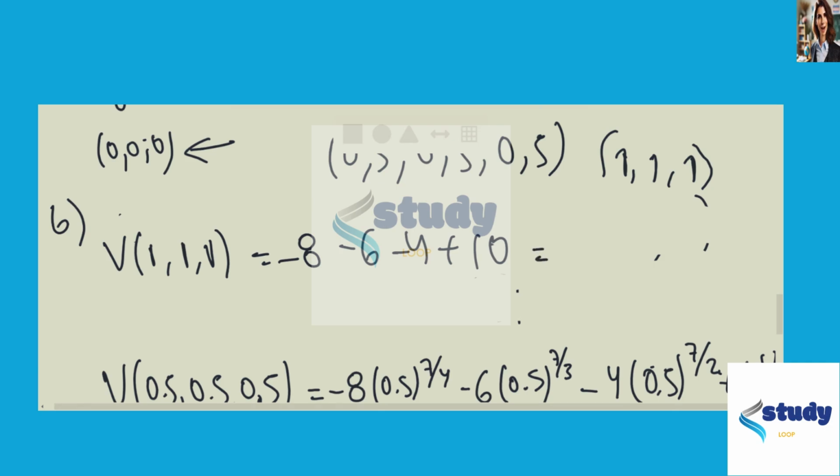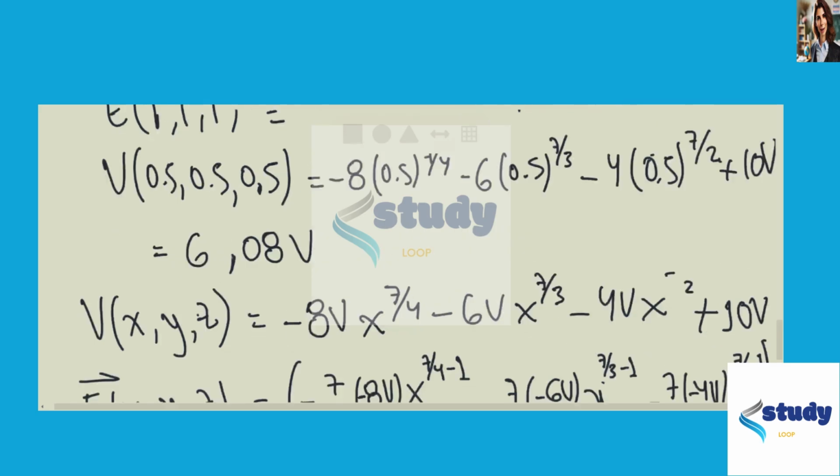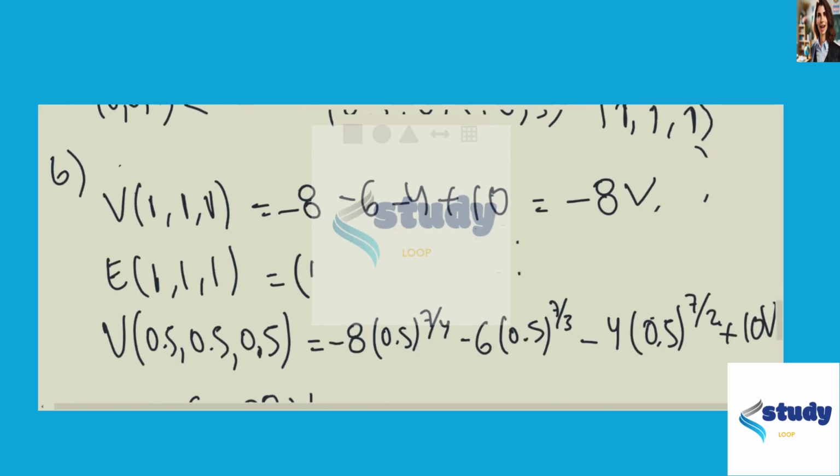So this will be minus 8 volts at this point, and the electric field at that point will be minus 14, minus 14, minus 14.